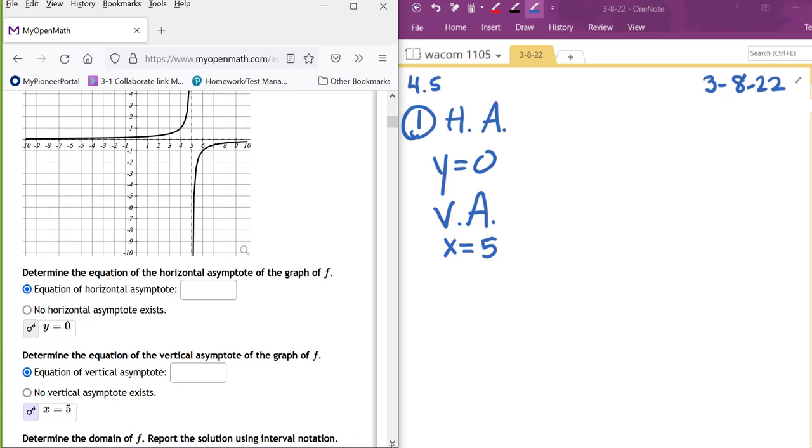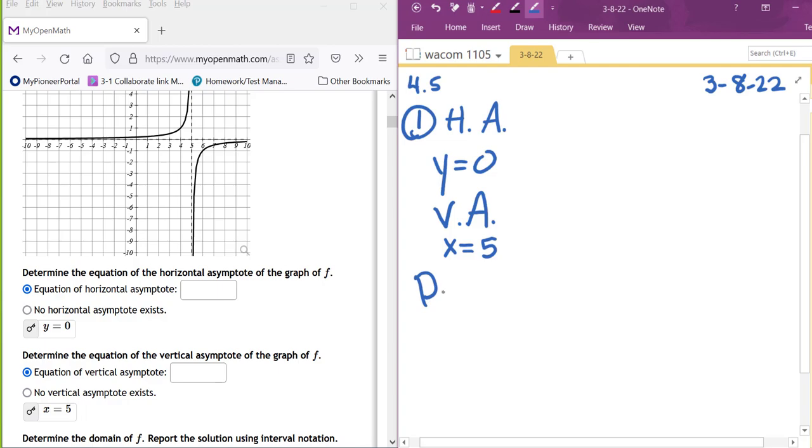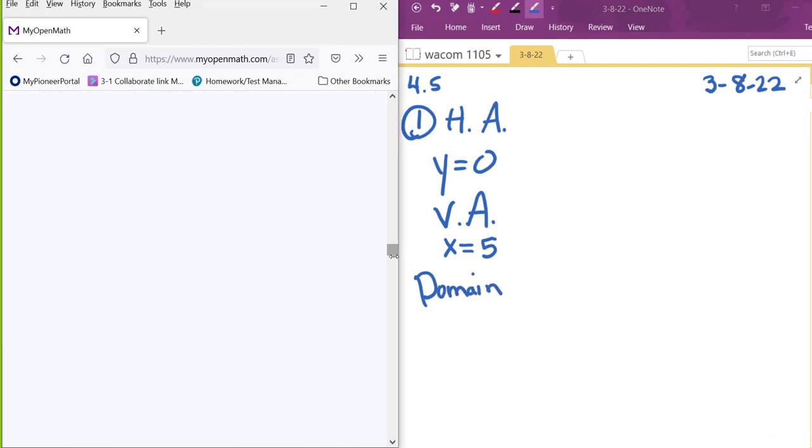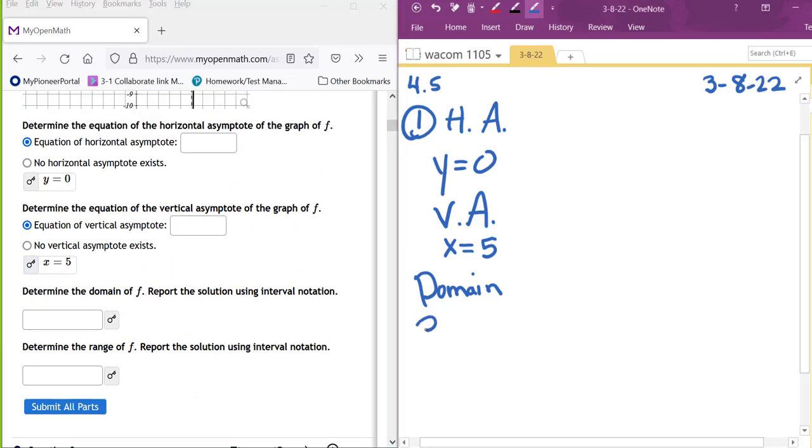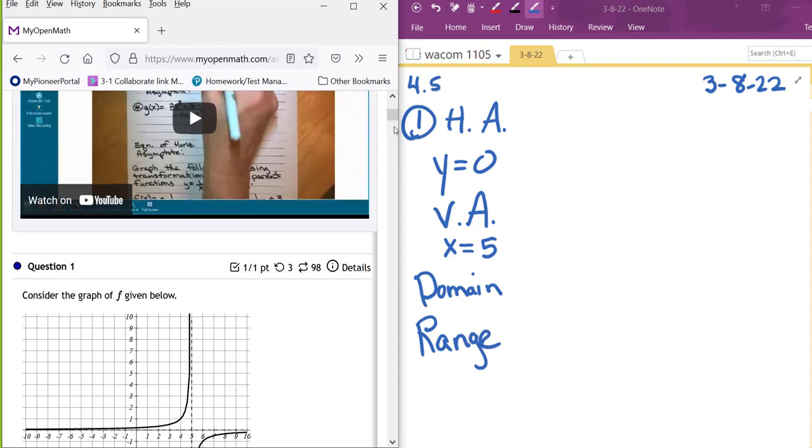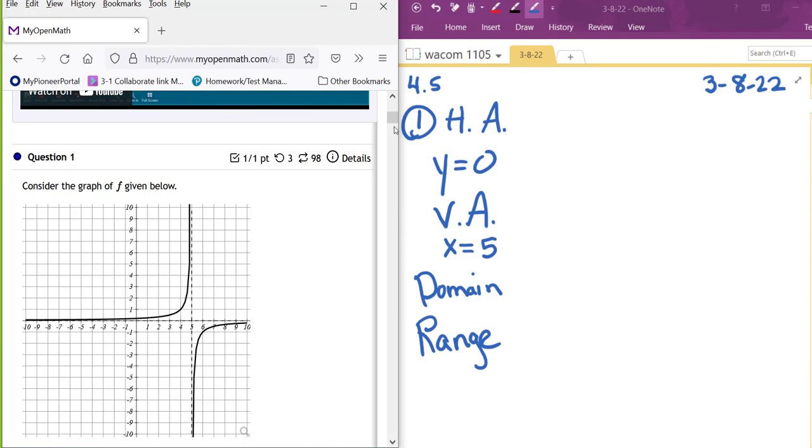And they ask us to find the domain. It's a little hard on these with the screen because we need the picture to do those. I'll write down what we're supposed to do. Find the domain and the range. And what you have to watch out for is that it doesn't actually touch this point.